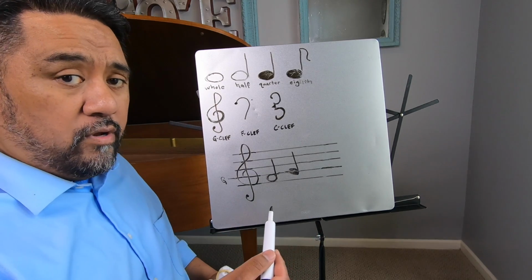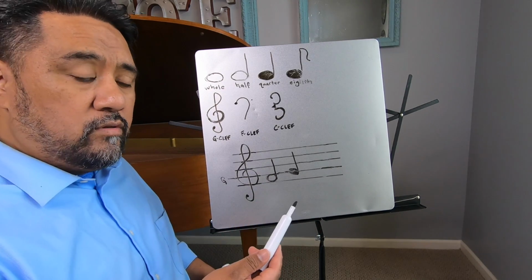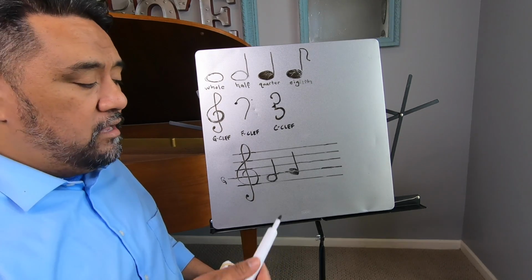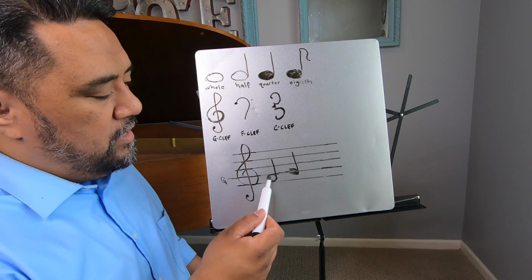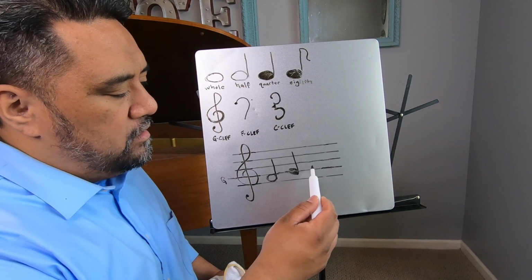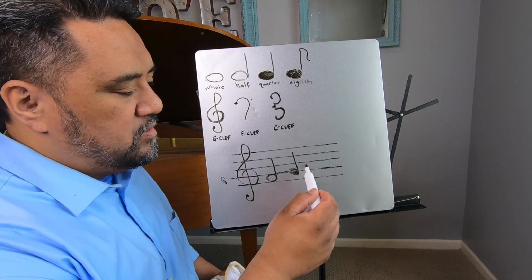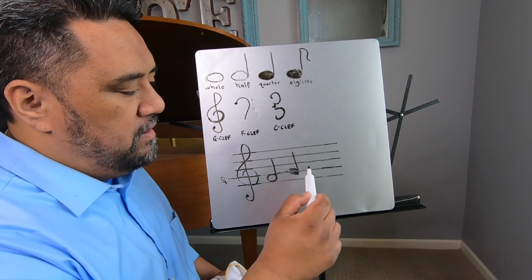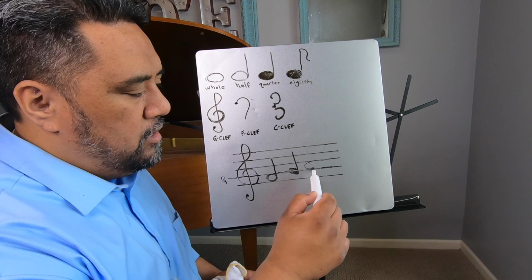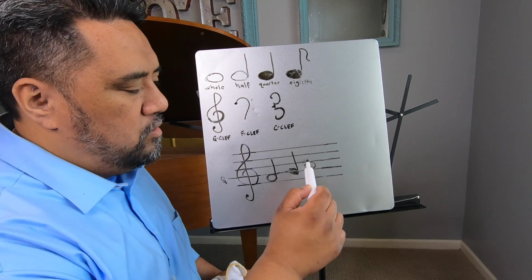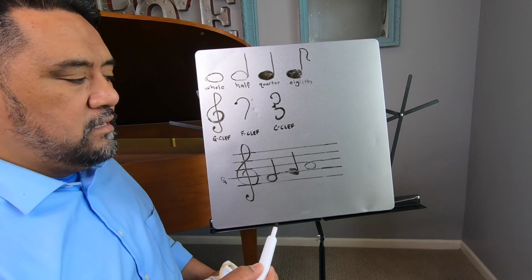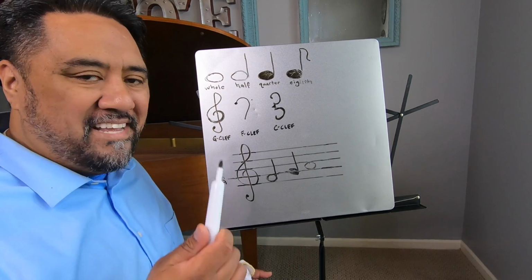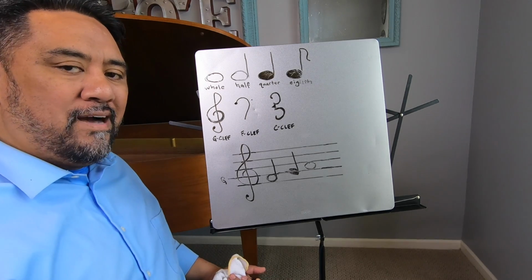Now to find the other notes on the staff, you can use the alphabet. The lines and the spaces go in order alphabetically from bottom to top. So if we know that this line is G, we can also know that this next space above it, because they go in order by line and space. For this space above that line, and we draw a note, let's just draw a whole note. A whole note in that space. Now we know that that note is H. You got me. There is no H in the musical alphabet.